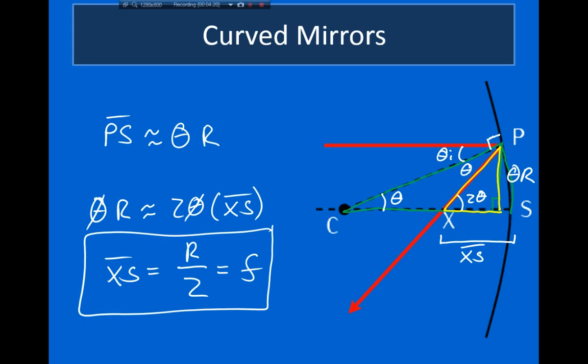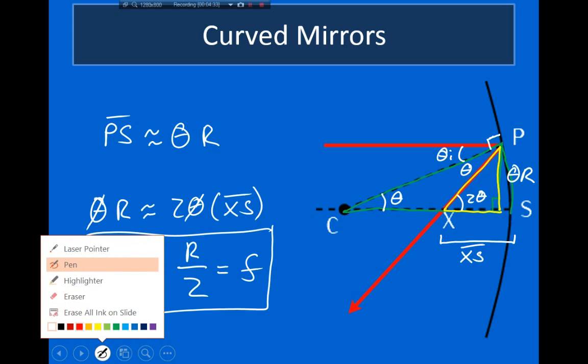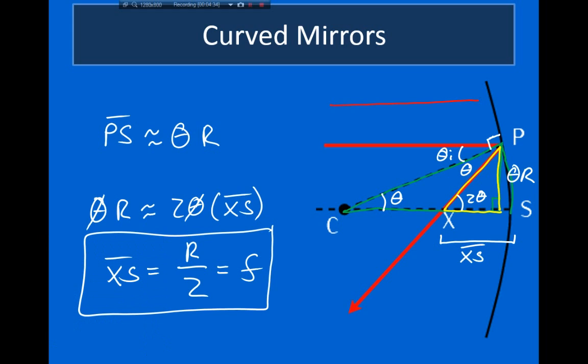And now the big point that I want to point out is that this result that I just came up with didn't depend at all on the point where this ray hit the mirror. So it doesn't matter, for example, if the ray were up here, it would still cross at the same point down here. Okay?